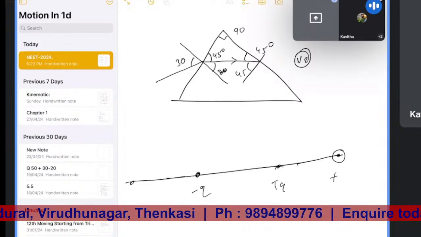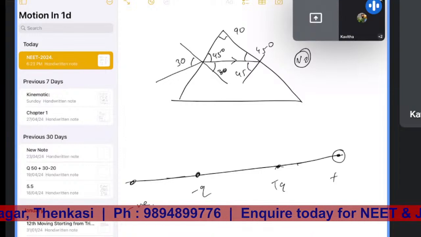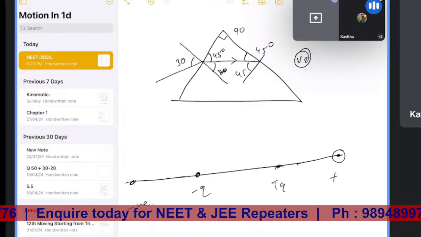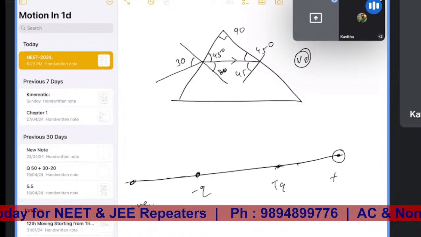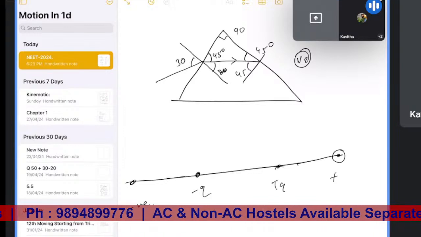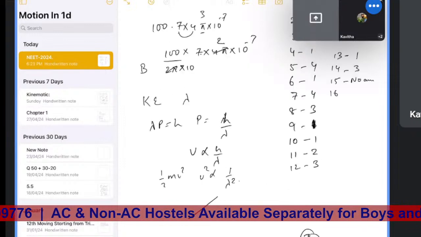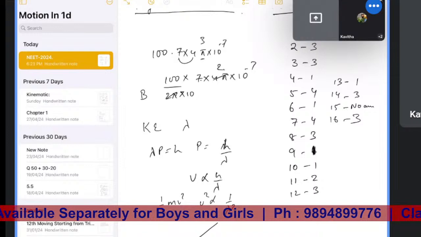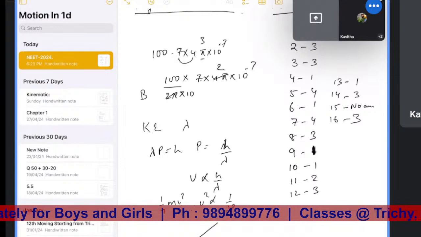If you are on this side, the potential is going to be negative. So based on that, I'm okay with the plus minus. So option A is correct, option B is also correct. The reason is also correct and it is a correct explanation. So from there, I'm saying 16 will be answer number 3. Yeah, so 16 is option number 3.